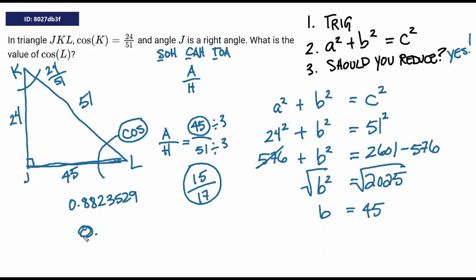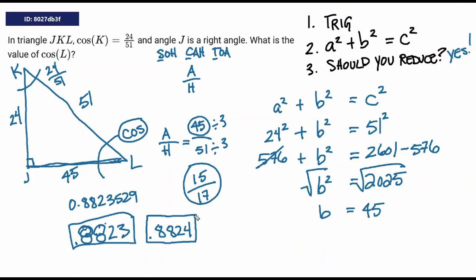You could put in 0.8823. That's an acceptable answer. Or you could put in 0.8824. Three acceptable answers here. And the problem's not that hard if you just slog through it and treat each element that you have to do individually.